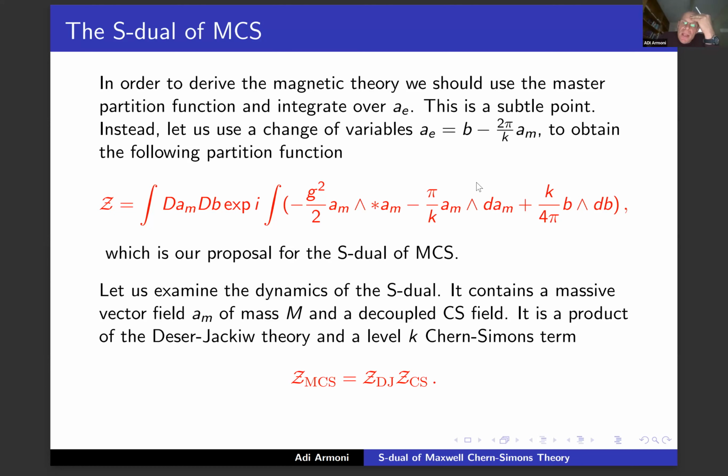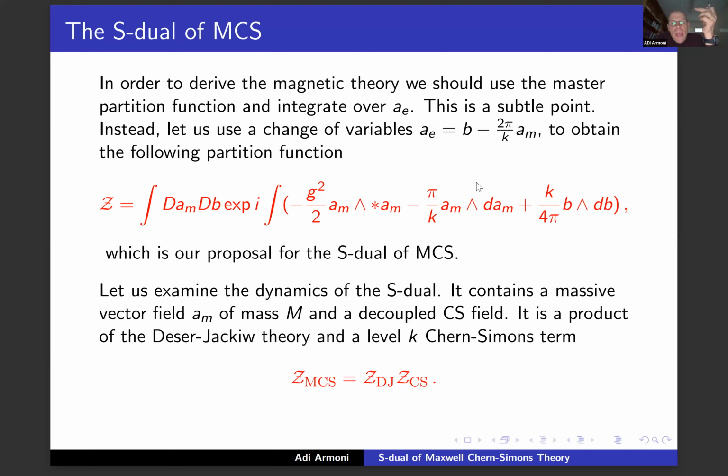It describes a massive vector of mass g squared k over 2 pi, what they called capital M. So that's the first theory. And then there is another piece, and they don't talk to each other. The other piece is just a level k Chern-Simons theory.